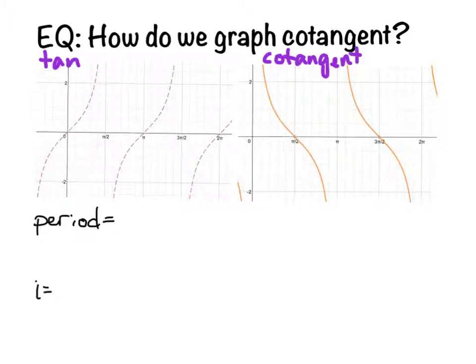Being that cotangent is the reciprocal of tangent, anywhere where tangent would hit a y value of 0, so here at like 0 and pi and 2 pi, if we look at the cotangent function at those same points, we have vertical asymptotes. So whenever it's 0, we end up with like a 1 over 0 situation. So here are our vertical asymptotes.